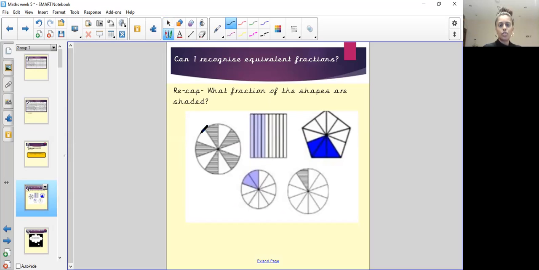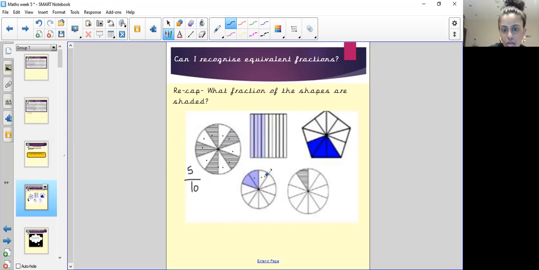We have got in total 1, 2, 3, 4, 5, 6, 7, 8, 9, 10. So it's out of 10. How many are shaded? 1, 2, 3, 4, 5. So 5/10 are shaded. Let's have a look at this one.